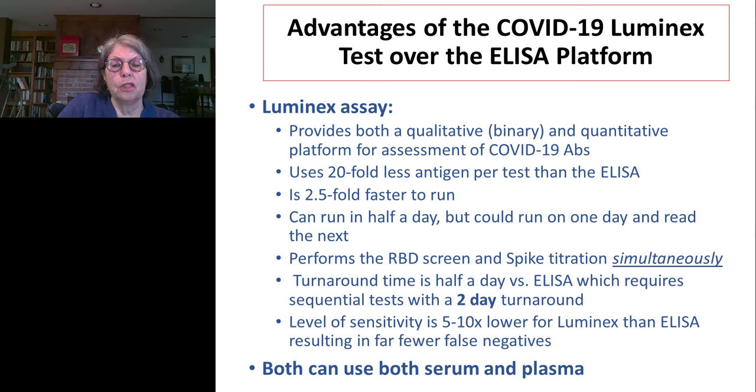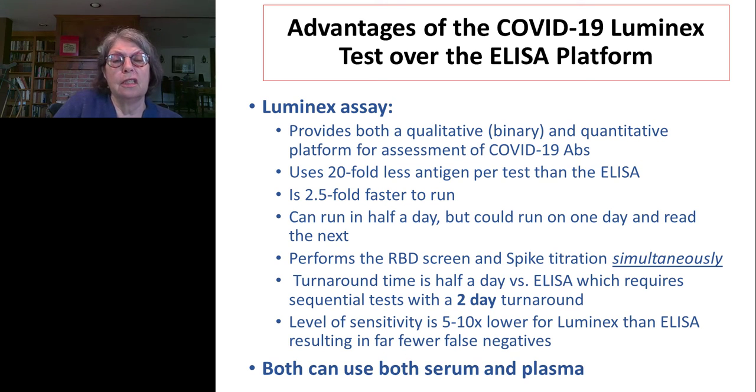As I mentioned before, the turnaround time is much faster, and the level of sensitivity is 5 to 10-fold better in the Luminex than it is in ELISA. Both serum and plasma can be used, and that's true for the Luminex as well as the ELISA.